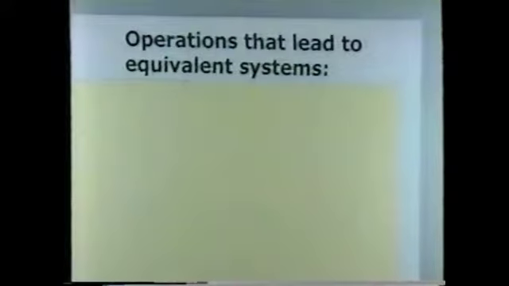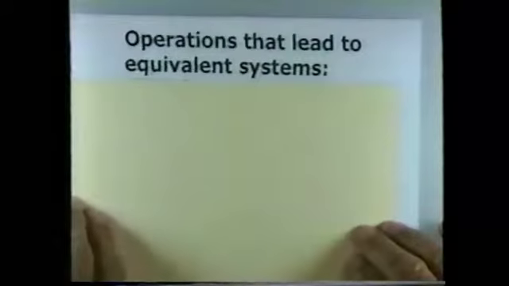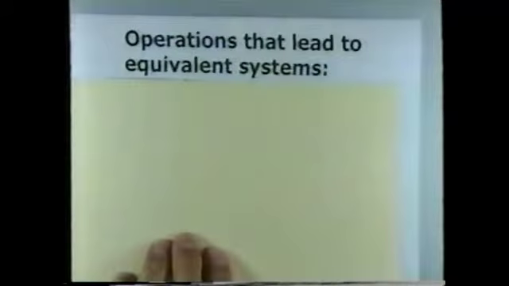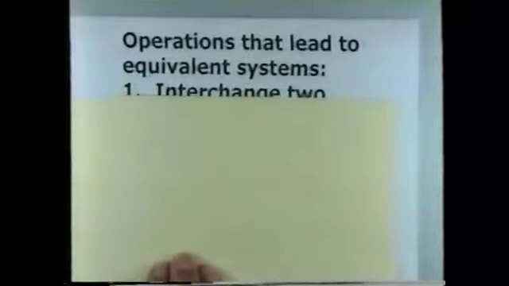We solved the problem by Gaussian elimination. Now I'm going to give you the operations that lead to equivalent systems. Using these operations to solve a system is called solving it by using Gaussian elimination. These are the things that you can do in trying to eliminate the variables.